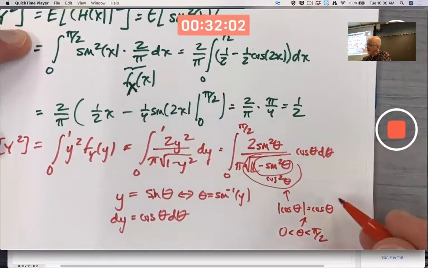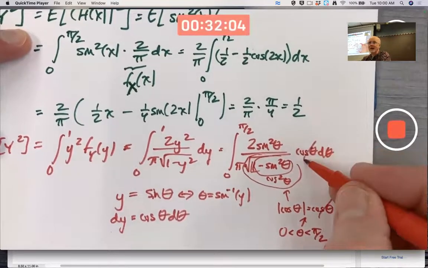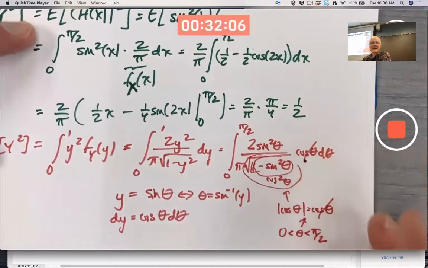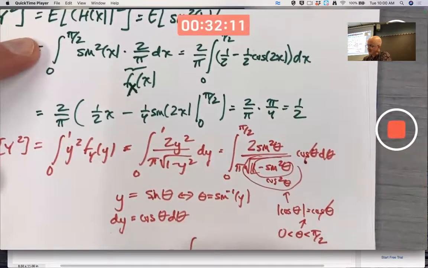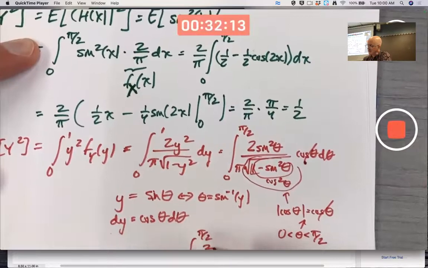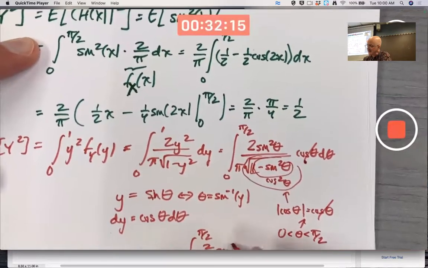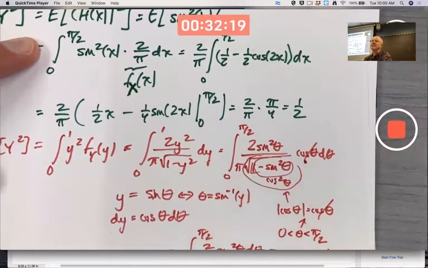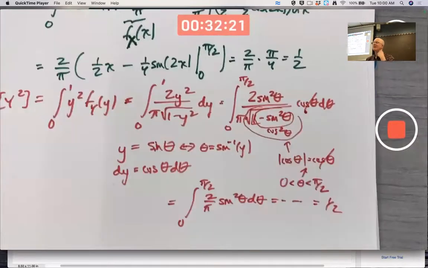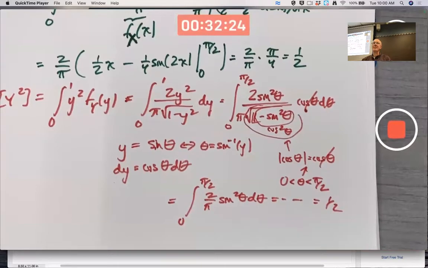And that means the cosine theta there cancels with the cosine theta there. And yeah, I'm doing the exact same integral as before. Integral from 0 to pi over 2 of 2 over pi sine squared theta. It's the exact same. You get 1/2. It's nice to see it work out.